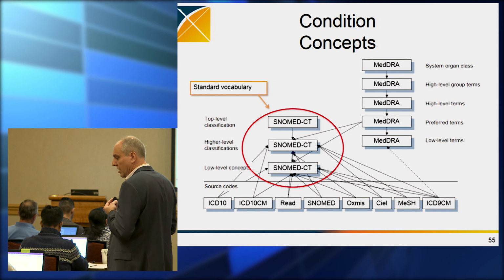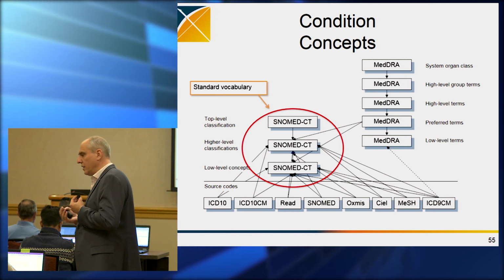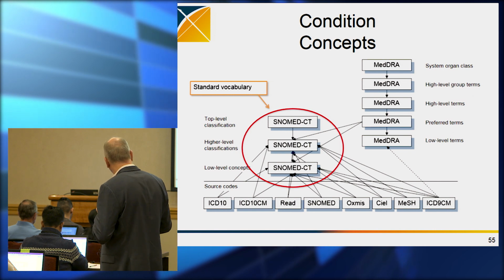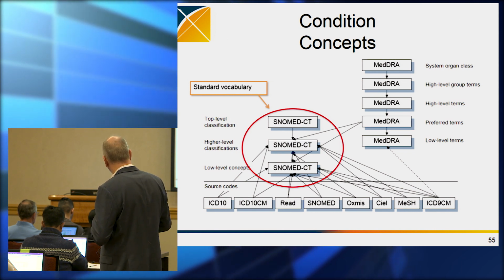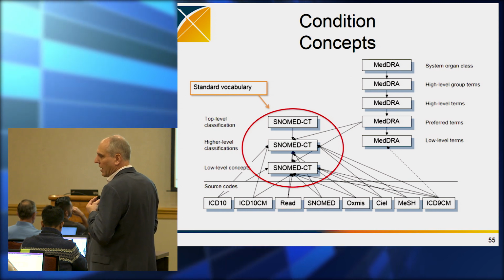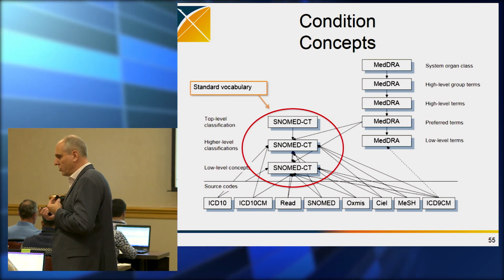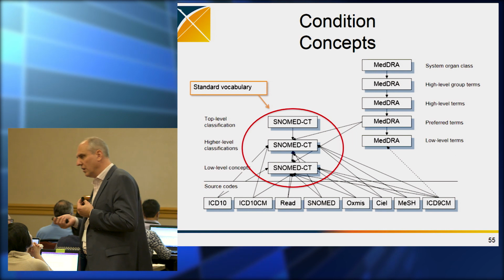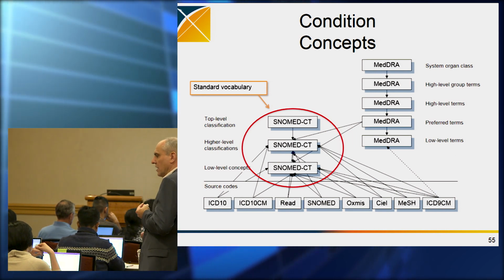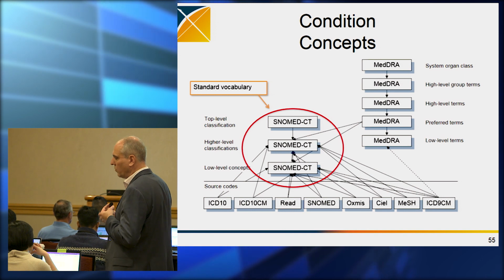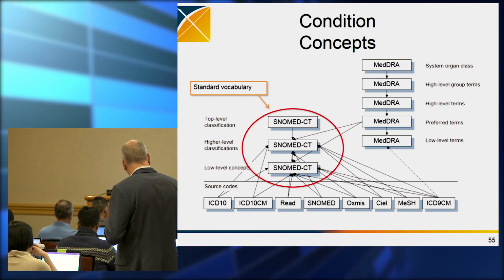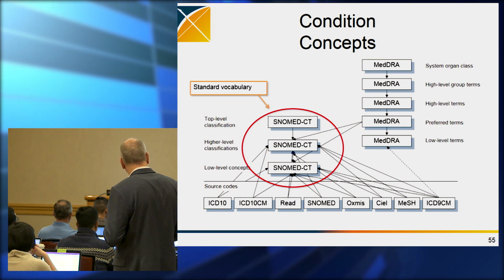If you want to have a standardized, harmonized way to represent atrial fibrillation, you have to pick one of these guys to be more equal than the others. And that's what we call standard concepts. For conditions, we picked SNOMED to be the standard, but it could be anything. You could have a mixture of things, right? The one which is standard is the one which is allowed to represent the meaning, and these guys get mapped into it.